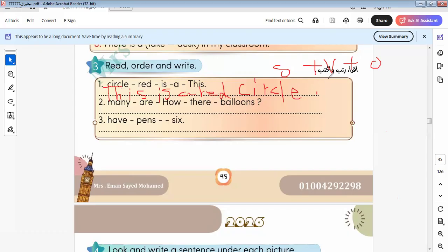When we want to make a question, we replace the subject. Like what we say: how many balloons are there?